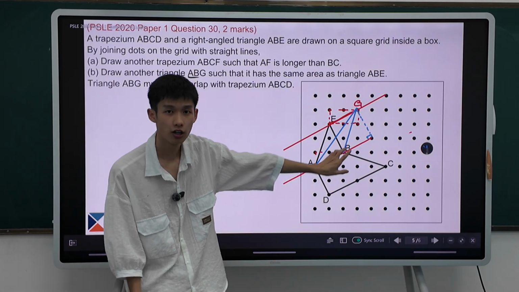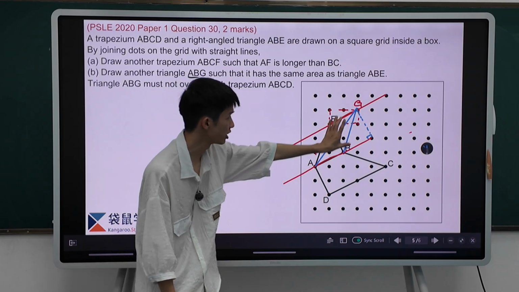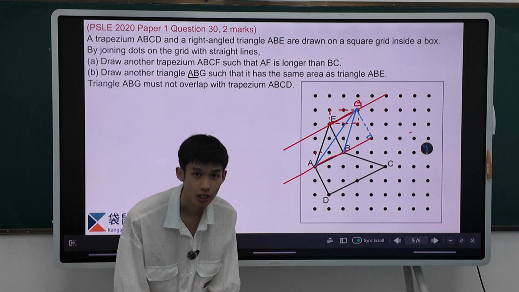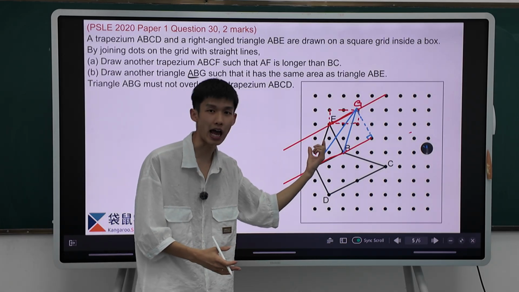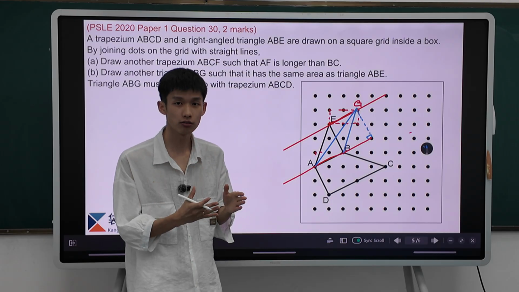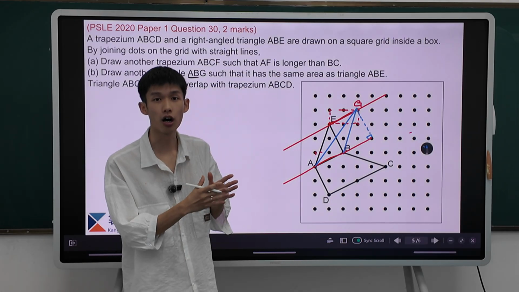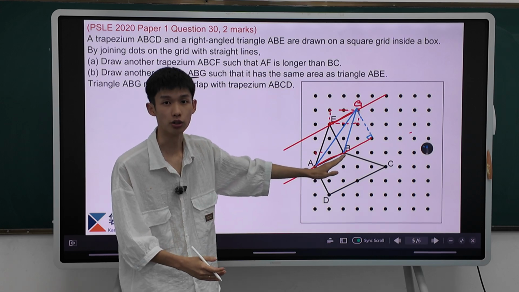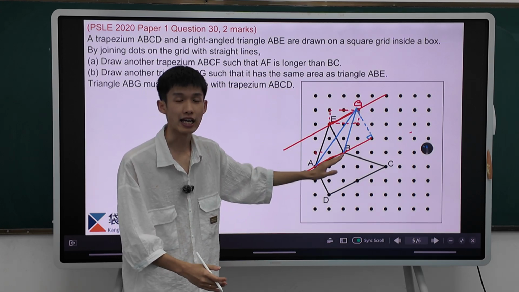That will be the height for the other triangle, ABG. So the height they have is also the same. So in this case, these triangles' areas should also be the same. To draw same-area triangles, we need to draw a line from the tip parallel to the base. So that's how we do it.